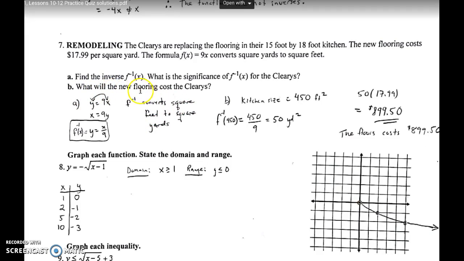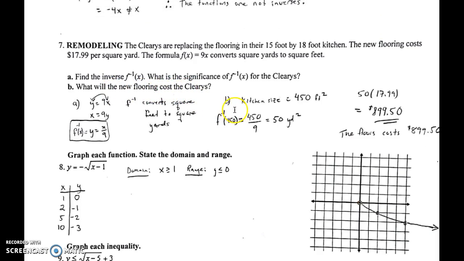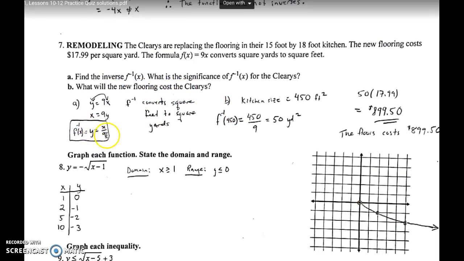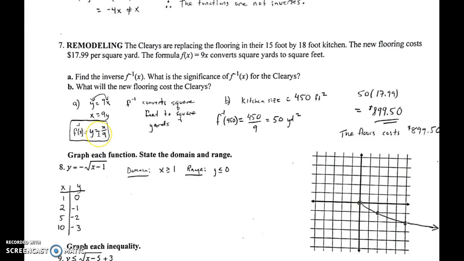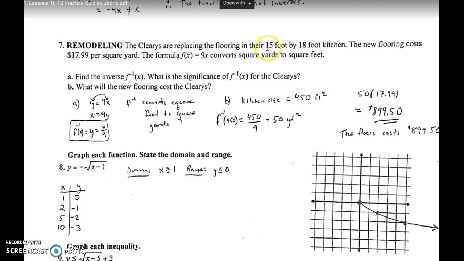Part B, what will the new flooring cost the Clearys? So now I have a formula that tells me how many square yards a certain room is going to be. So I know that their kitchen size is 450 square feet just by doing 15 times 18.